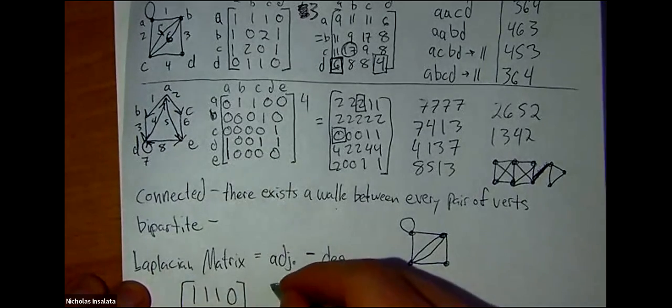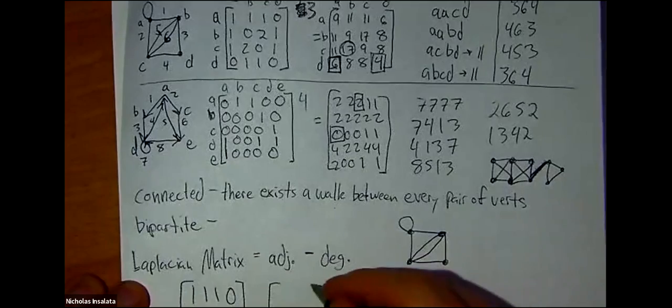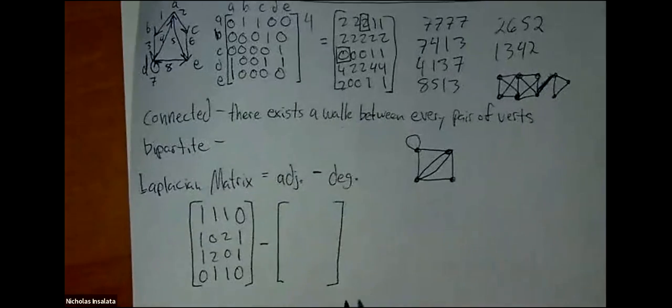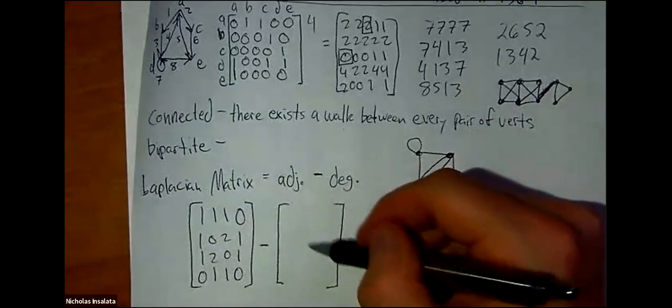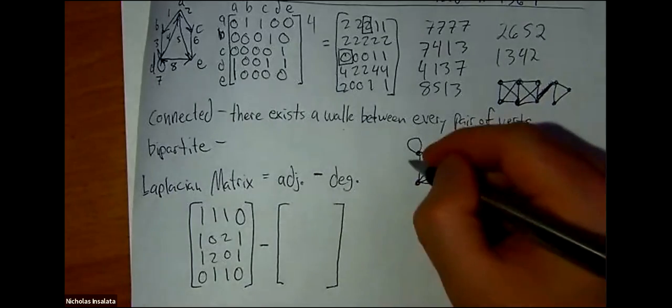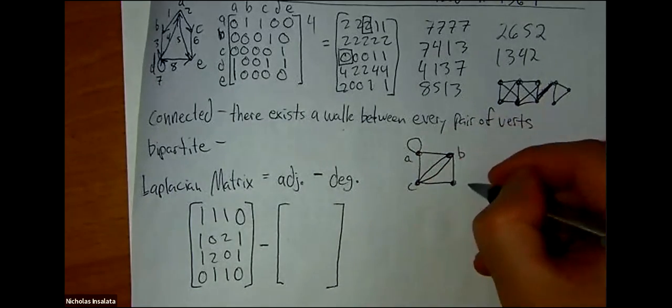Minus the degree matrix. And the degree matrix, to make this one, on the diagonal, you put the degree of each vertex. And everything else is 0.